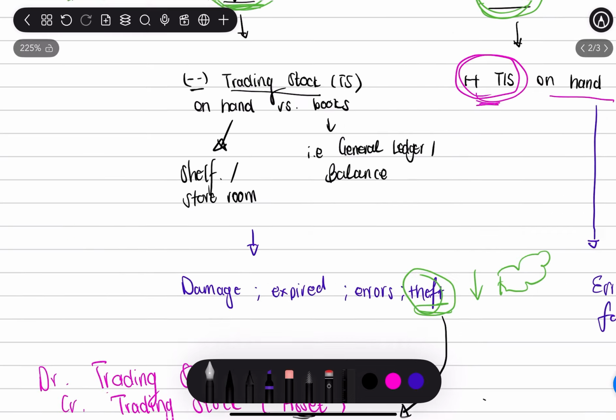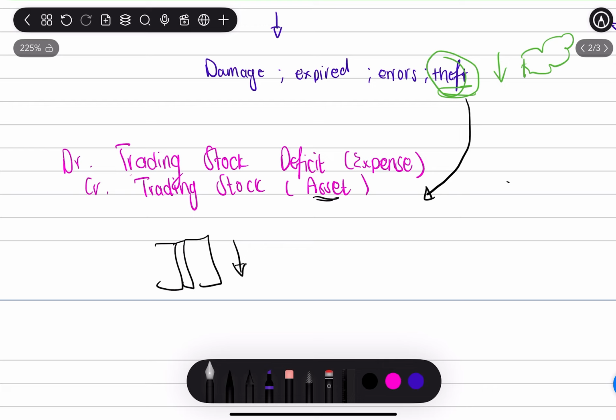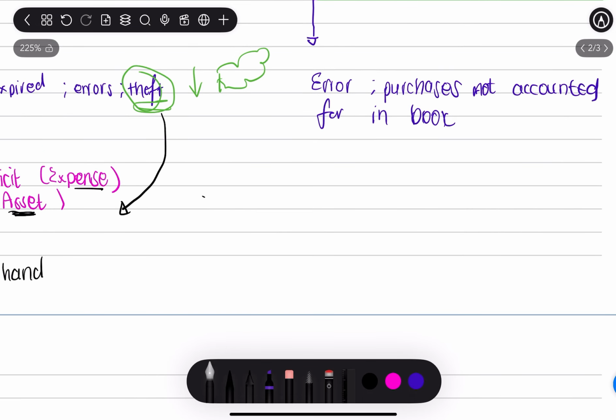Here we're saying we are reducing trading stock in our books to what is on hand in our stores. So if we have a deficit, an expense is always debited, and we need to bring down trading stock because now we know that theft occurred because we have less trading stock on hand. We need to bring it down to what's actually on hand. So the book balance must reflect what's on hand because that is the most correct amount.